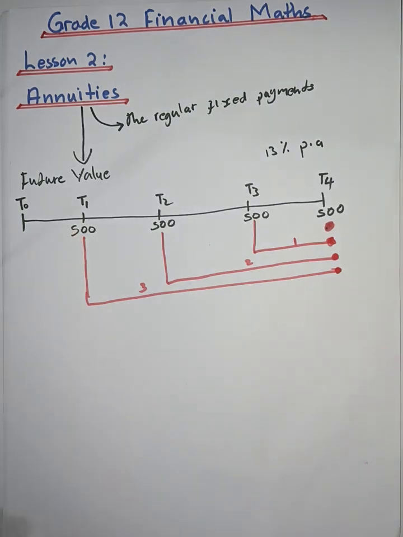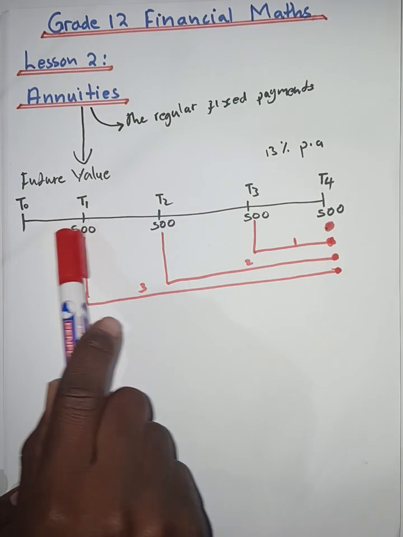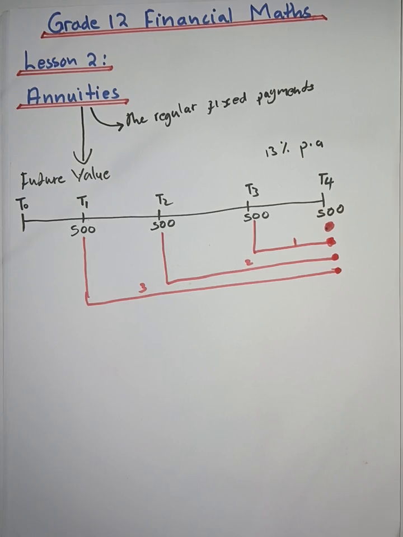Why? Because when you invest money, we know that money grows as time progresses. So 500 now is not worth 500 after 5 years, because money earns interest as time goes. You can only add or subtract money if you know how much it is worth at the same time.